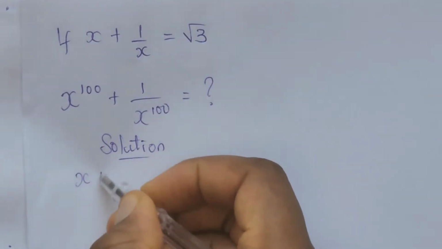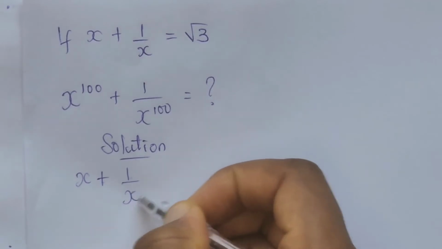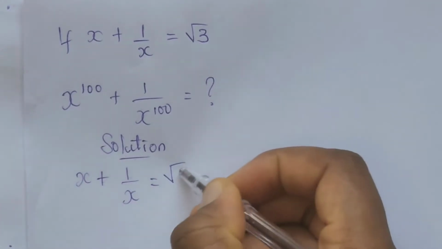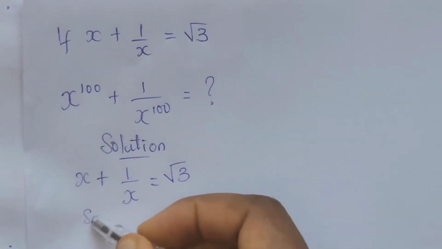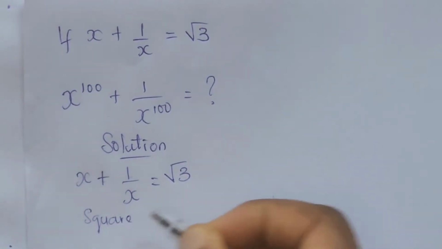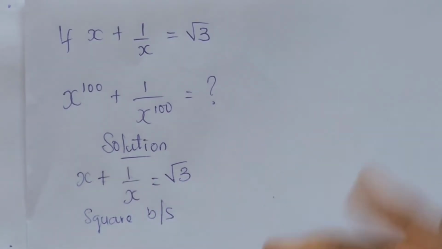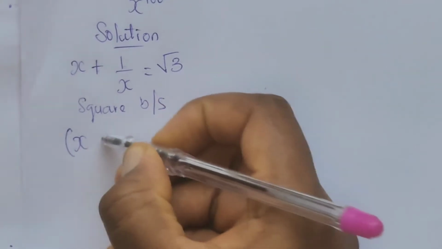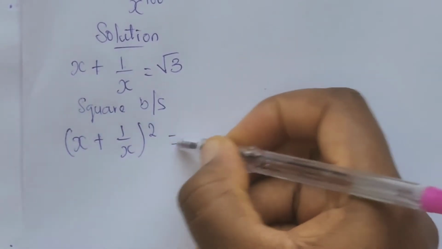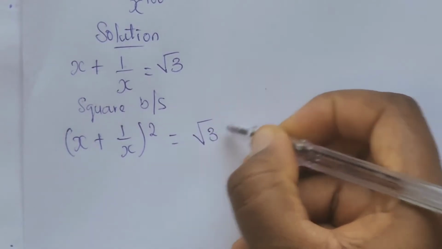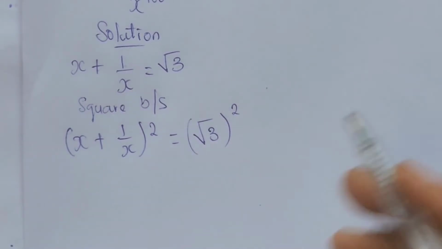We have x plus 1 over x to be equal to root 3. From here, let's square both sides. When we square both sides, we now have x plus 1 over x all squared to be equal to root 3 all squared.